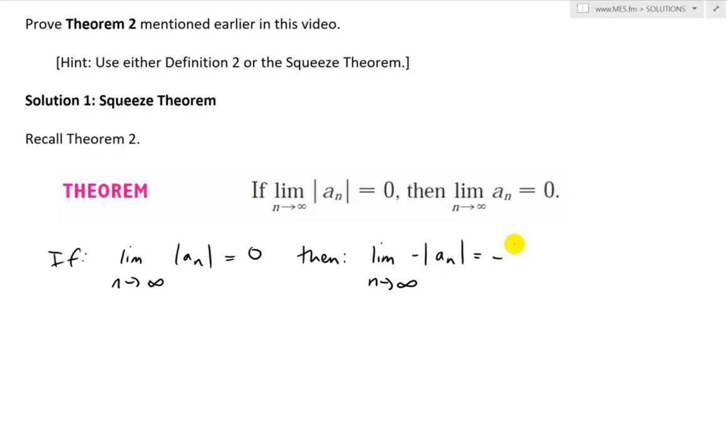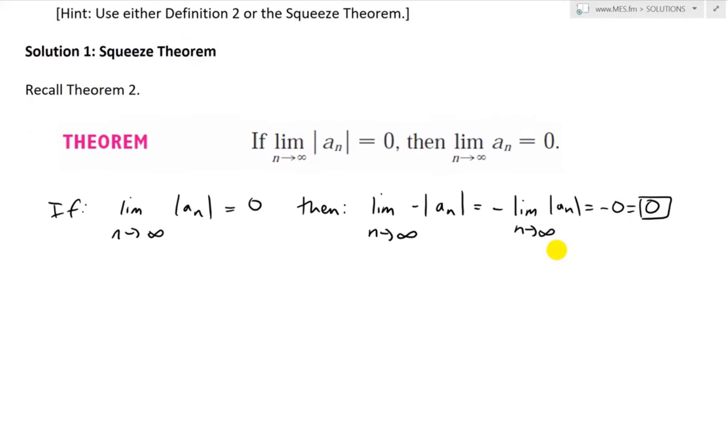This becomes negative the limit of the absolute value of a_n, which is 0. So negative 0 just equals 0.